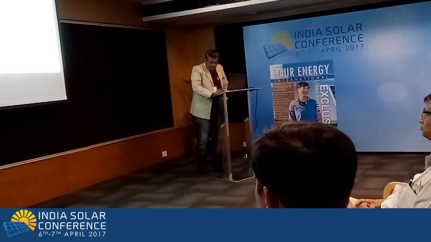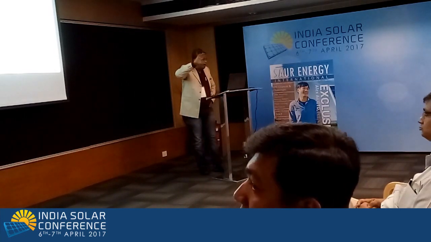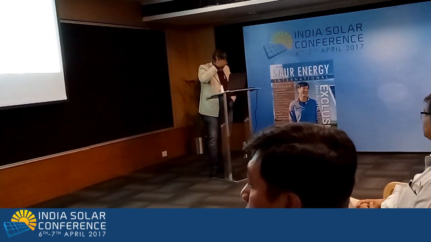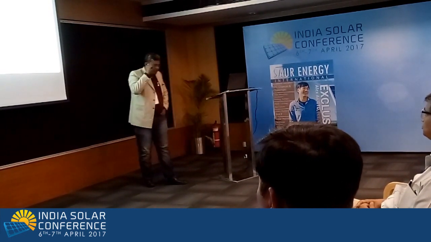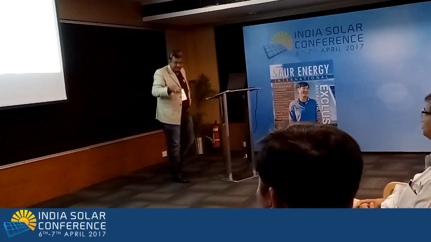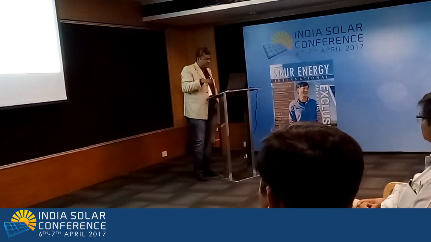So forecast time block: according to the Indian regulation, the forecast time block is a 15-minute time block. So 24 hours of 15 minutes is 96 time blocks total. So you have to forecast basically 96 data points ahead at any given time.